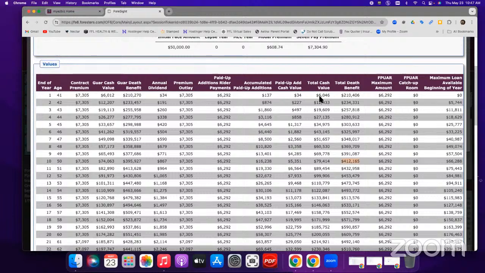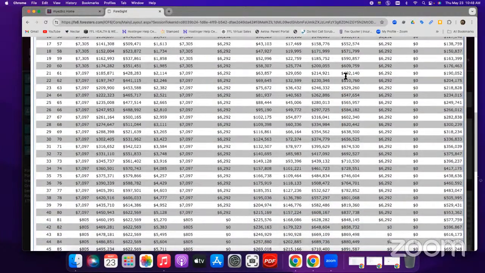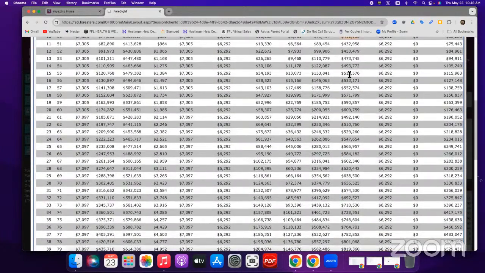So with this one, it's interesting because it's the same exact monthly payment with both policies, but with the traditionally designed one, you have zero cash in the first few years. You'll notice your death benefit kicks right up and you're at $500,000 by what, year 15?